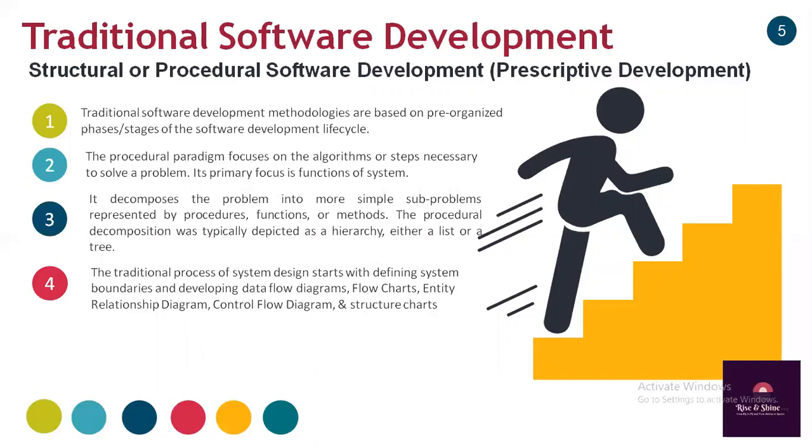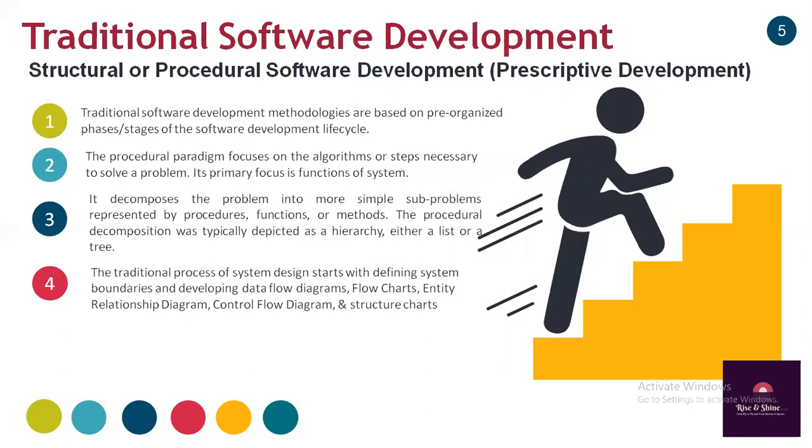After that, we divide the DFD into transaction flow and transform flows depending upon the application needs. At a broad level we use the transaction flow, and at a lower level we use transform flows. Again, we draw flow charts, ERDs, control flow and structure charts, or some pseudo-code charts.